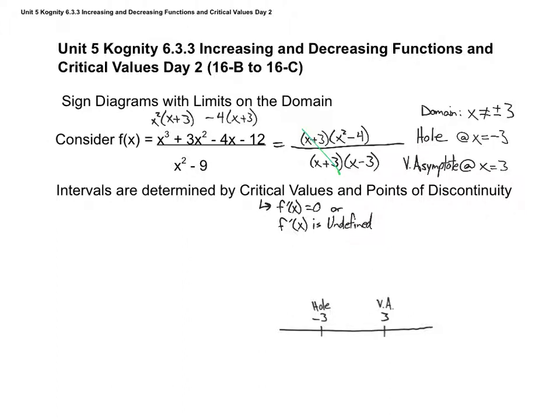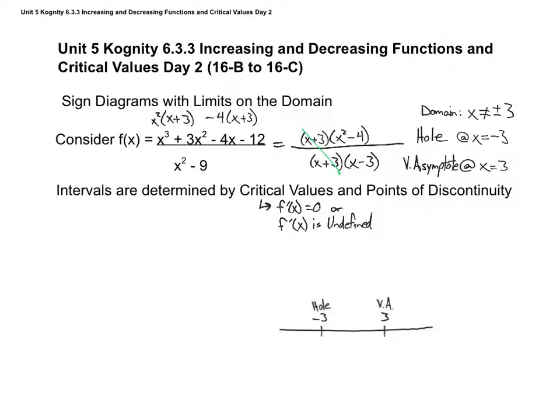Now, here's the cool thing about this. We canceled out the hole, so when we take the derivative, we don't need to mess with that extra part, because all it is is a hole punched in our graph. It doesn't affect where our max or min points are going to be.